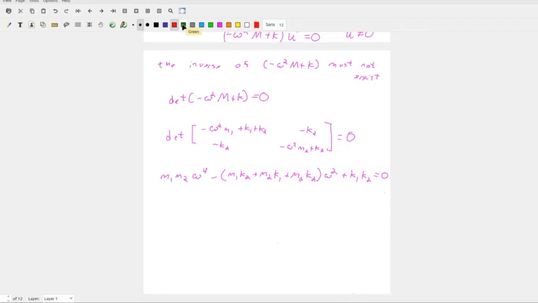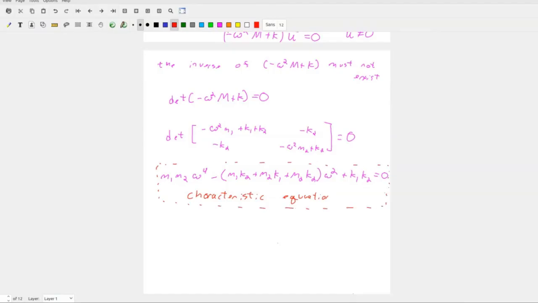This expression, if you don't write much down, write that down, is the characteristic equation. And it comes from solving for the determinant of our coefficient matrix.